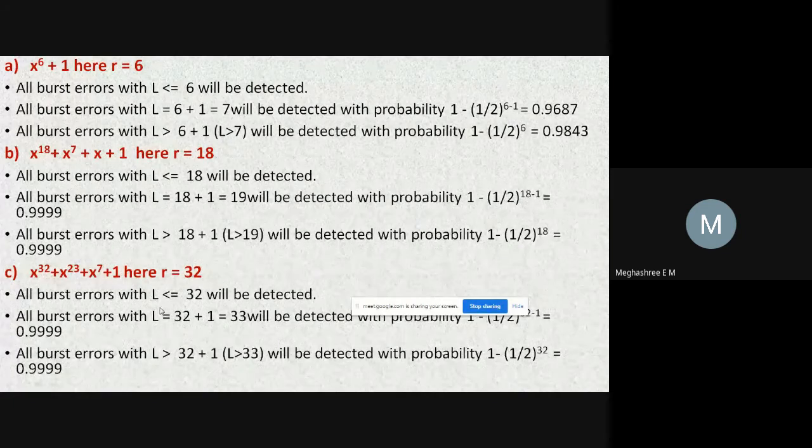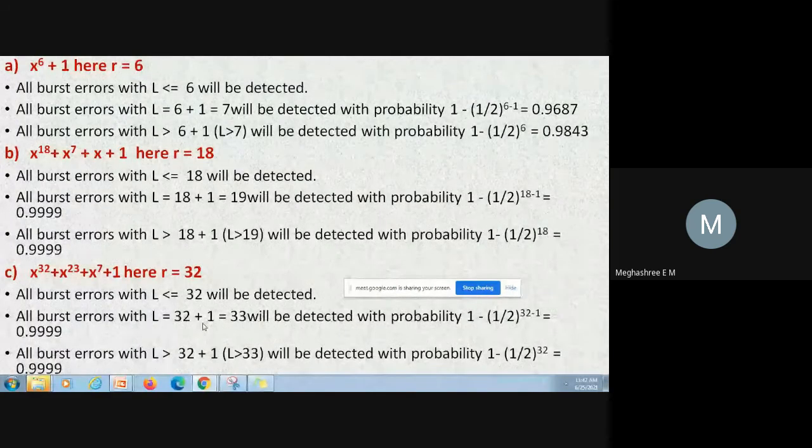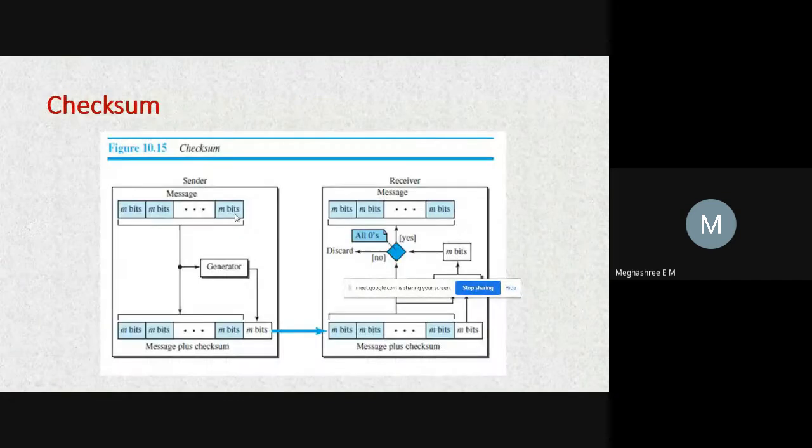Find out L less than or equal to 32, equal to 32 plus 1, or greater than 32 plus 1, and find the probability for the same. So this is how you can find out whether the given generator polynomial will detect errors that are present in the data. Next we'll move on to the next topic, that is checksum.